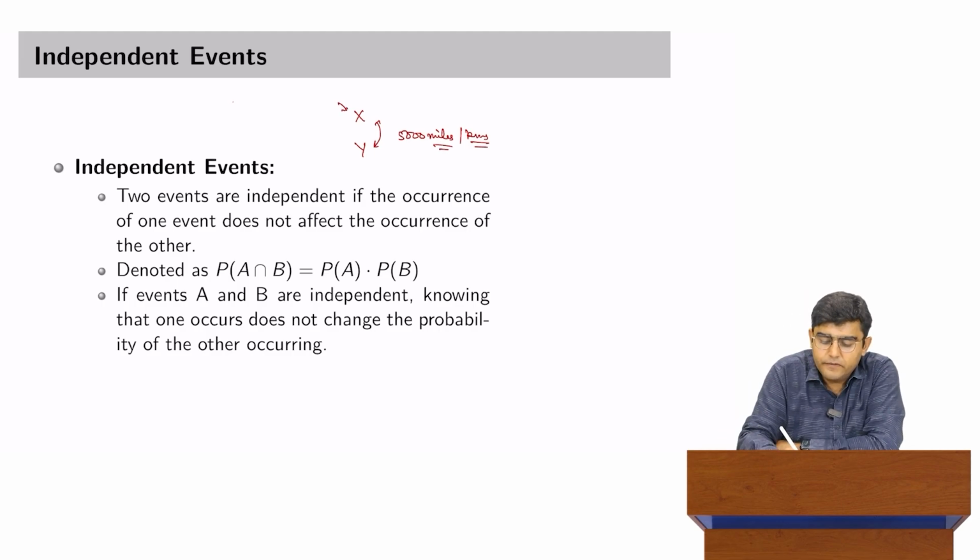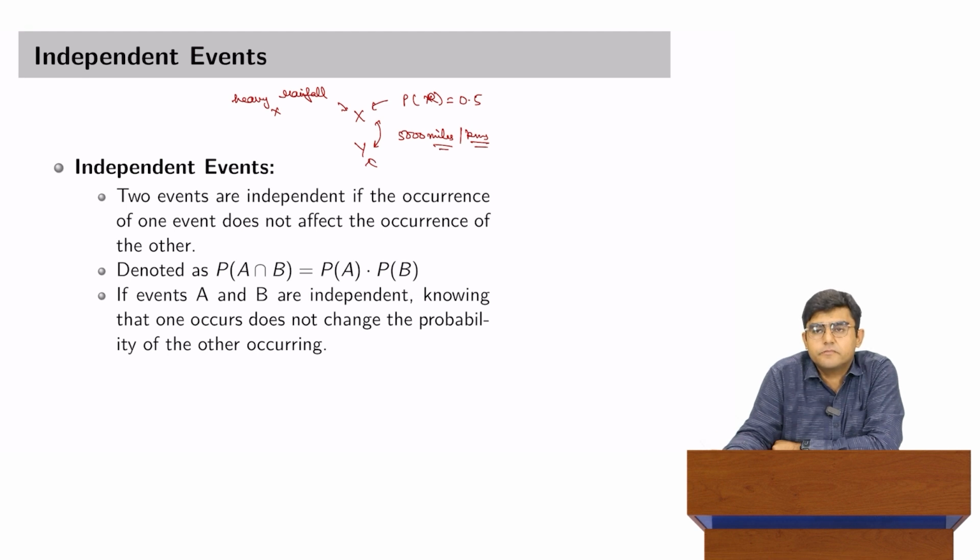There is heavy rainfall in region X, and this happens with a probability of 0.5. And there is a traffic jam in region Y, which on a given day may happen with a probability of 0.3, let us say.